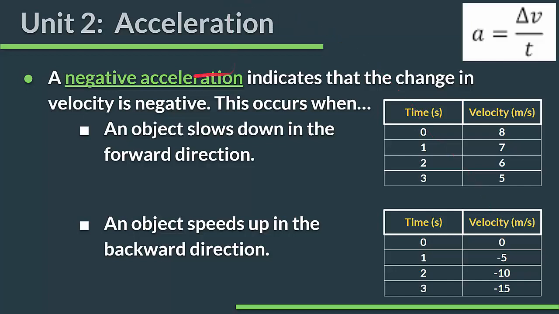These are both examples of negative acceleration, and again, I would write them down and possibly the accompanying data tables, because it is a very common misconception. Negative acceleration doesn't necessarily mean slowing down. Positive acceleration doesn't necessarily mean speeding up. And the same thing is true about direction. Negative acceleration doesn't necessarily mean you're moving backwards. Positive acceleration doesn't necessarily mean you're moving forward.